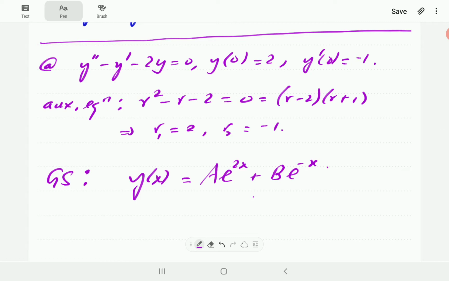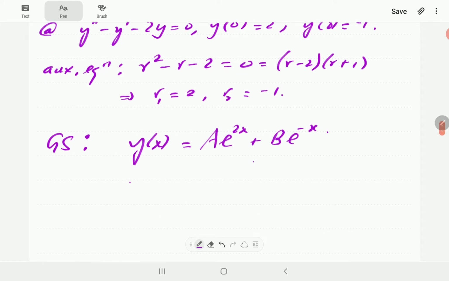Then we need to apply the initial conditions to find the values of A and B. Since in the initial conditions we need y and its derivative, it's advisable to work out the derivative of y here.